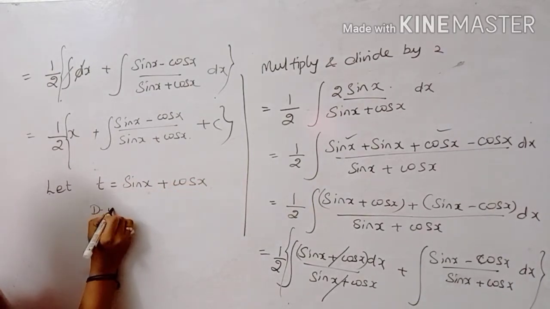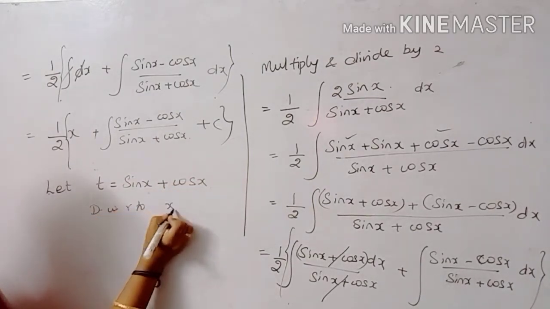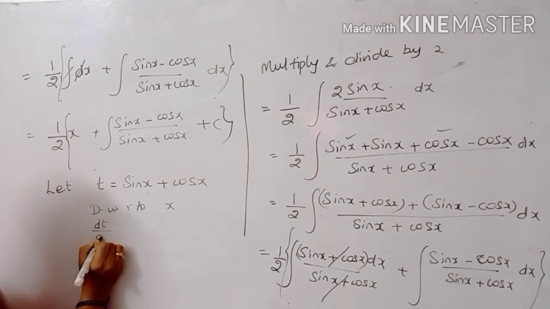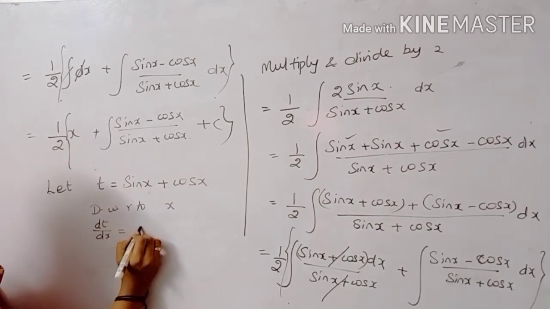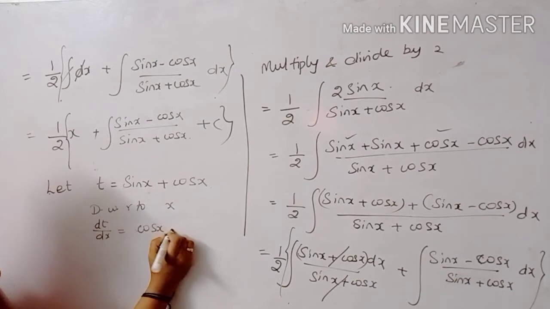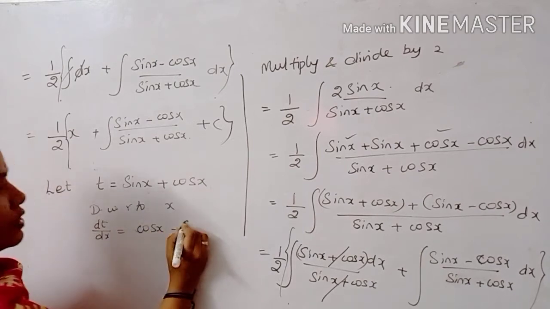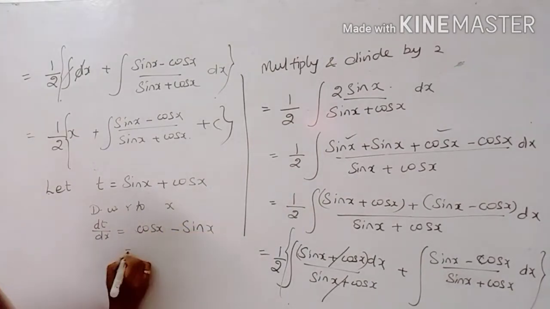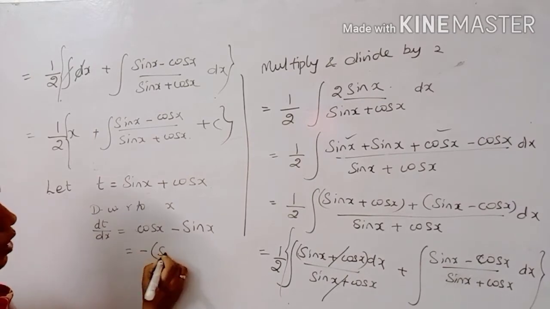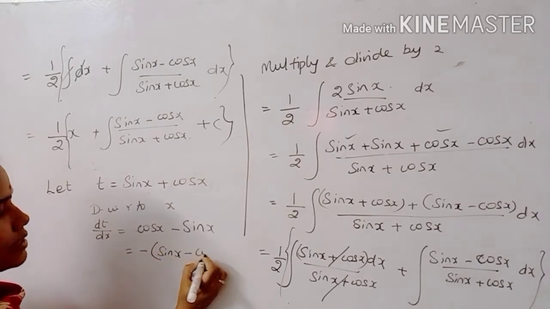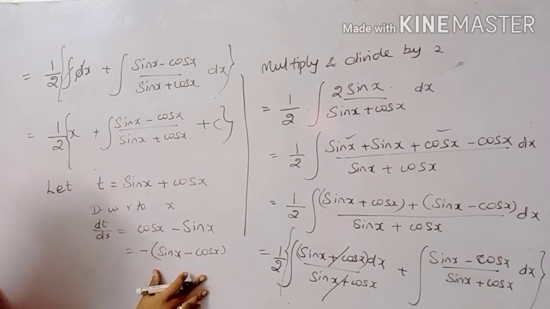If I differentiate with respect to x, dt divided by dx, sin x differentiated is cos x, cos x differentiated is minus sin x. So let us take minus commonly out. So what happens? Sin x minus cos x. In order to cancel, I am taking the negative part outside.